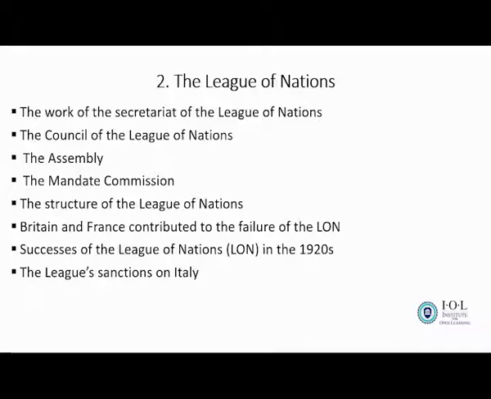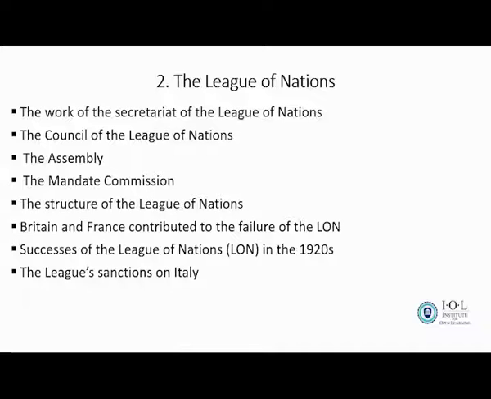Upper Silesia was a dispute between Poland and Germany. Both countries claimed it. Both wanted to have Upper Silesia. The dispute was solved by the League of Nations by dividing it between the two. So Upper Silesia was divided between Germany and Poland.